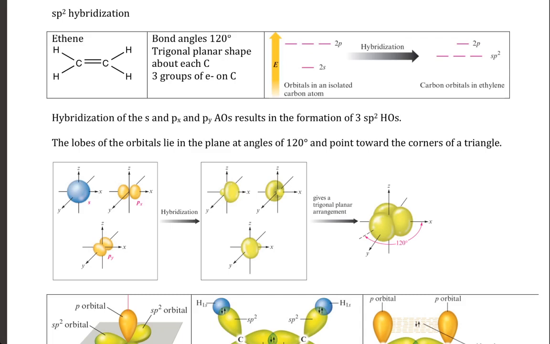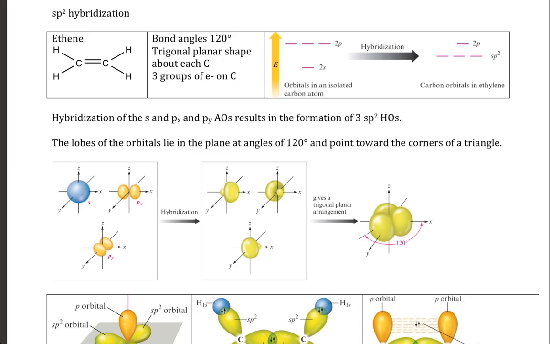So we have something altogether different. Trigonal planar, not tetrahedral, 120 degree bond angles, not 109.5. So in our hybrid orbital model, what we do is we take the 2s and the 3 2p orbitals and we put them in the hybridization blender.